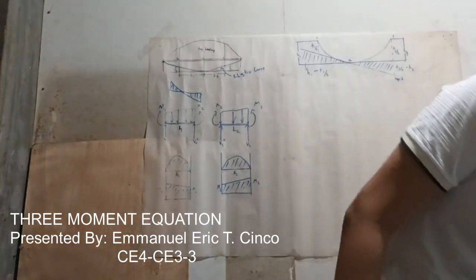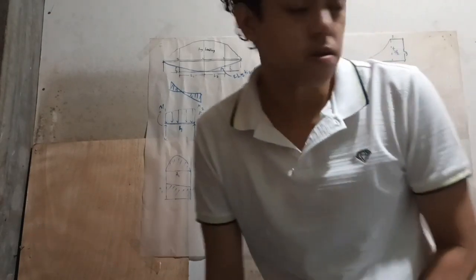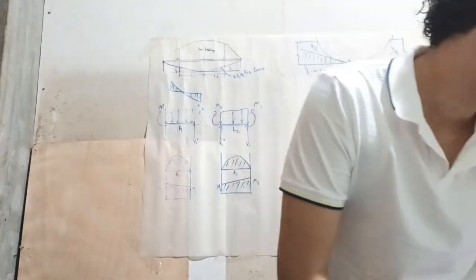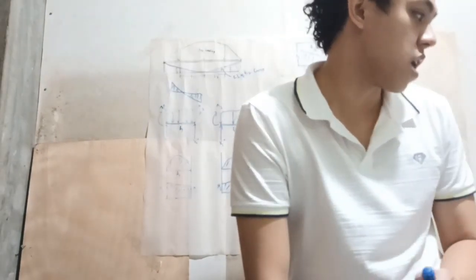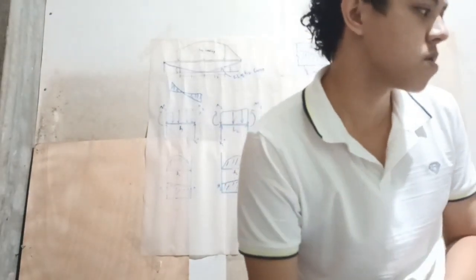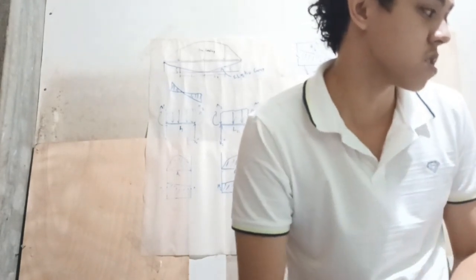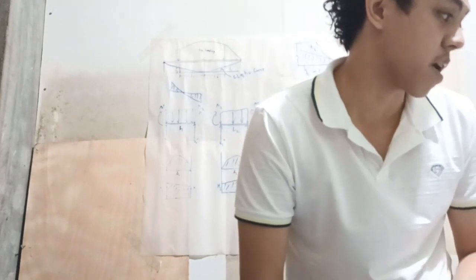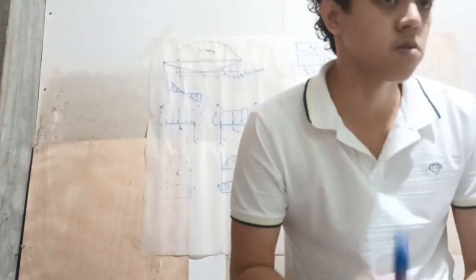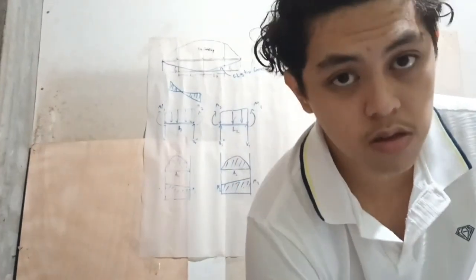Three-moment equation gives us the relation between the moments between any 3 points in a beam and their relative vertical distances or deviation. This method is widely used in finding the reaction in a continuous beam.